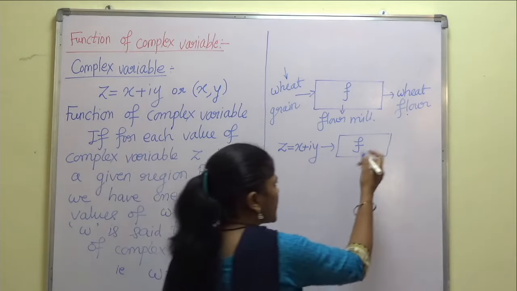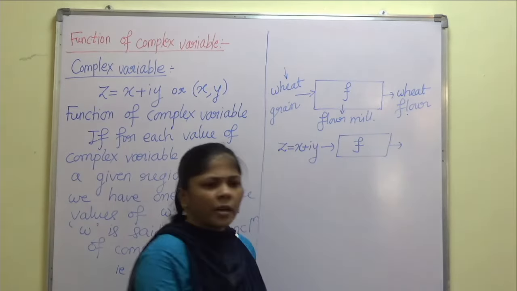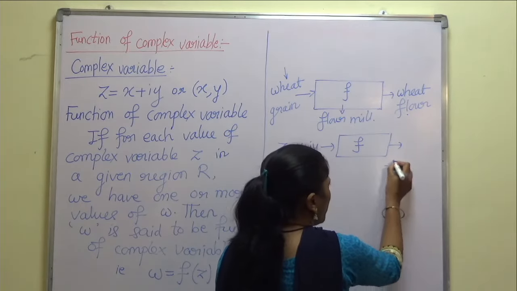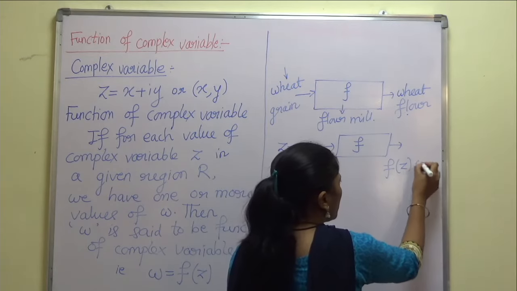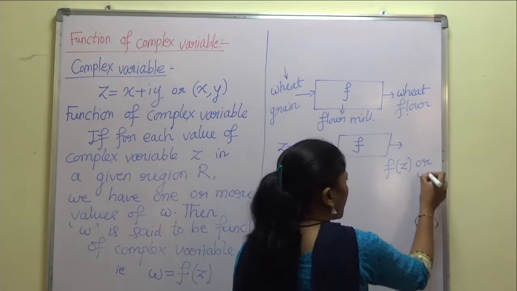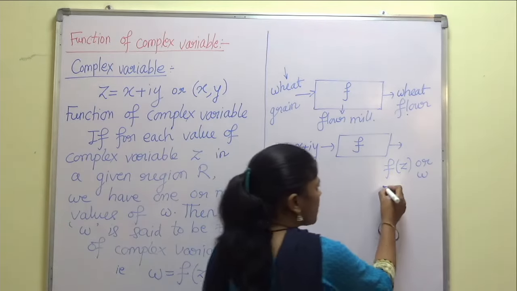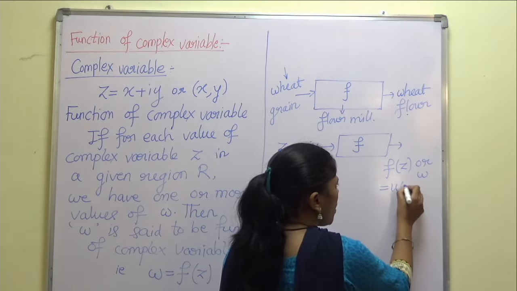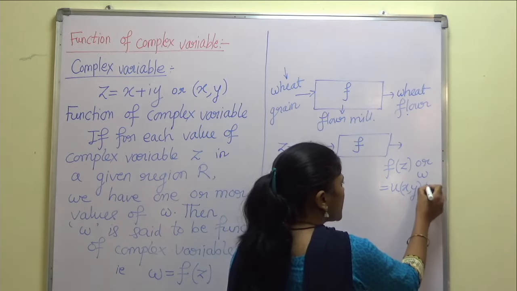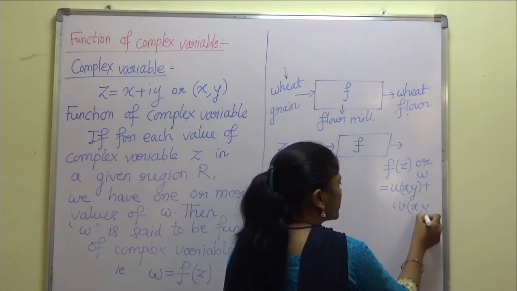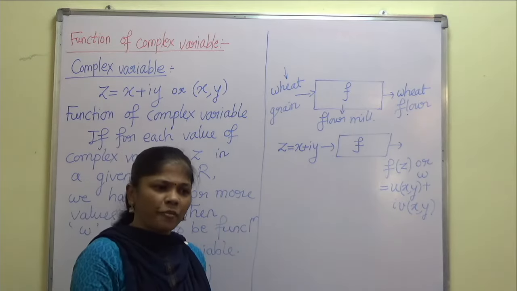So processing will be done, and accordingly we will get the output. What will be the output? Output will be f of z or omega. And this is also a complex variable, which we usually write as u of xy plus i v of xy. So like this, the function of a complex variable is defined.